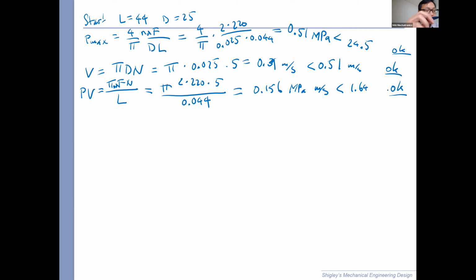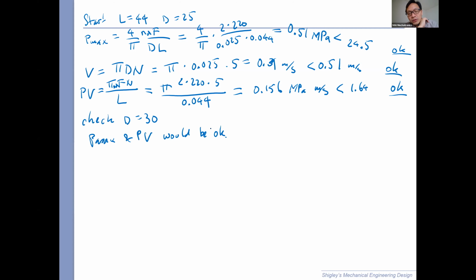If you want to do a check just for fun, check D equals 30. Let's say D equals 30, then P max and PV will be okay. We don't have to check. Why?